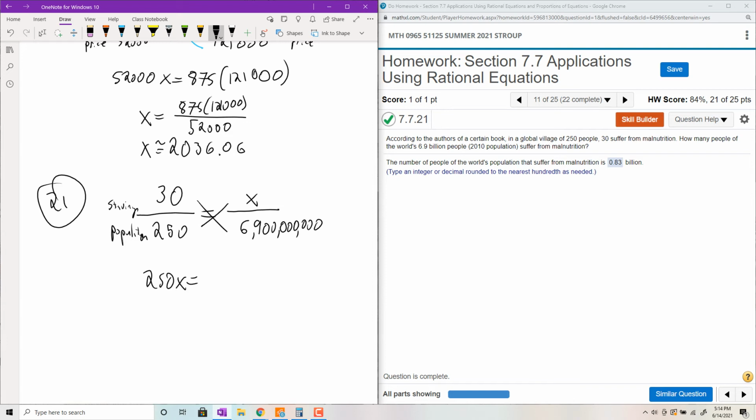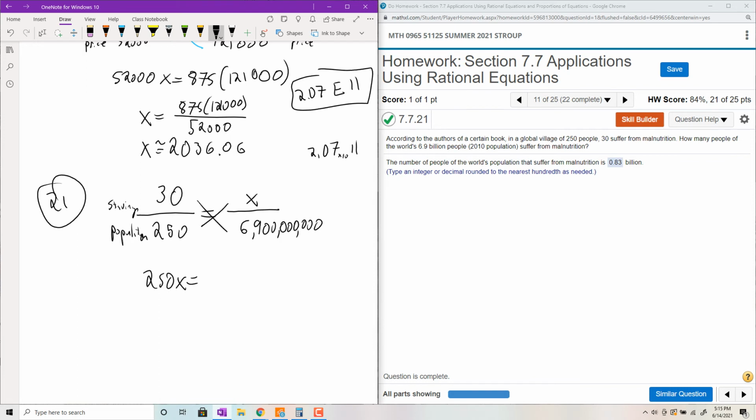30 times 6,900,000,000. Yeah, so now the answer says 2.07 times 10 to the 11. Some calculators say 2.07 E11, which means the same thing.